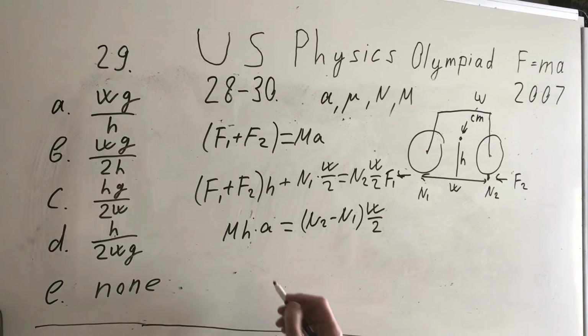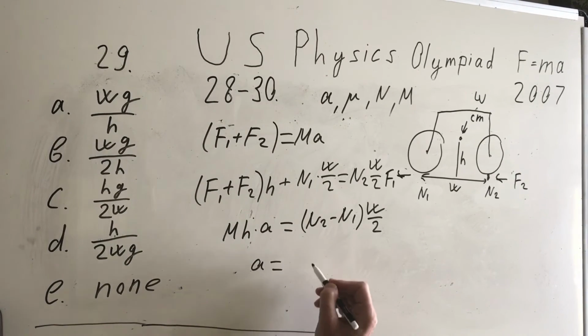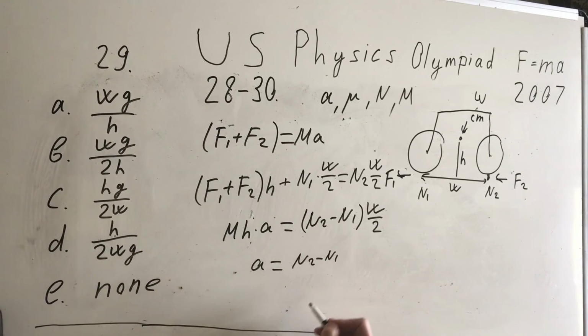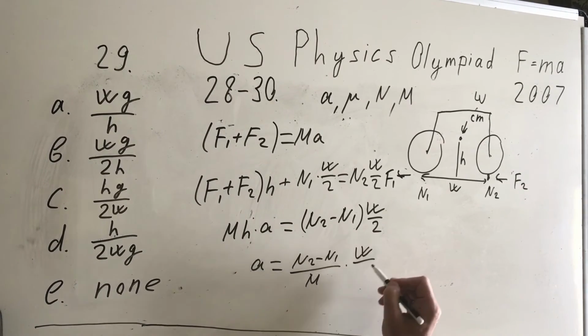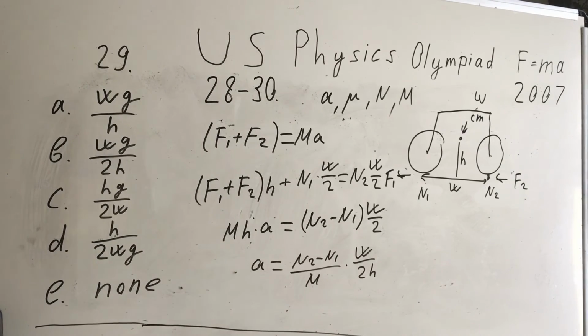And finally we have acceleration a equals N2 minus N1 over m, times w over 2h. So if you look at this equation, we have N2 minus N1, but we know that N1 plus N2 equals mg.